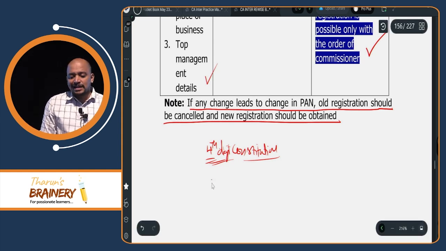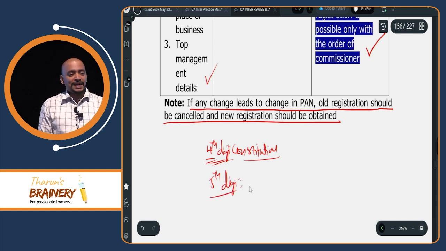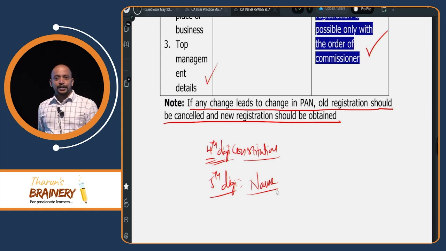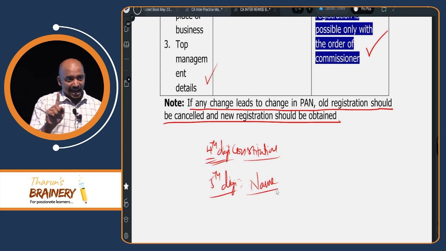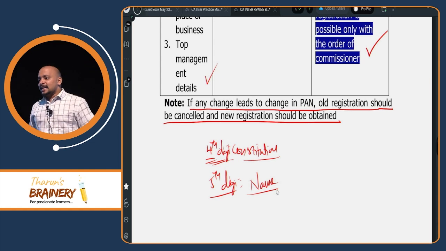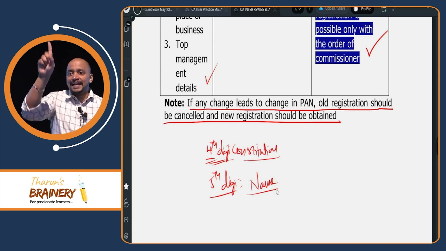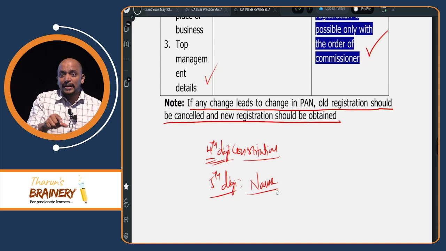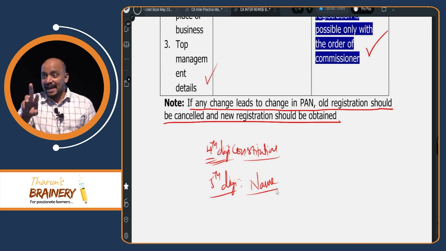Then, the 5th digit is actually your name's first alphabet. Your first name will be there, that first alphabet. Just run through your permanent account number. After P, your first name's first alphabet will be the next digit. Suppose it is a company, XYZ Motors; definitely the 5th digit will be X. Now XYZ Motors is changed to XYZ Automobiles. Change in name.